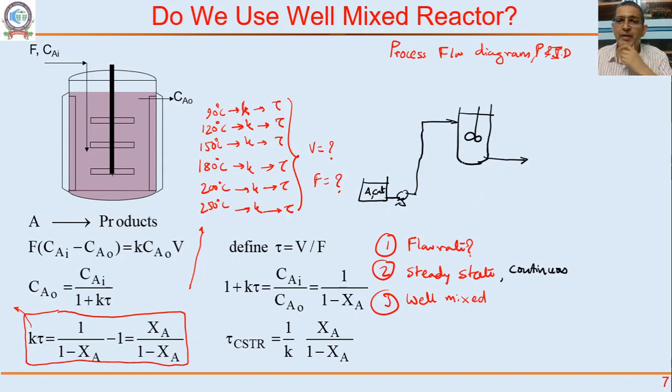If I have to maintain isothermal conditions, what do I need? I need to remove heat from the jacket. So there would be a jacket, and there would be coolant. Cooling water out, cooling water in.